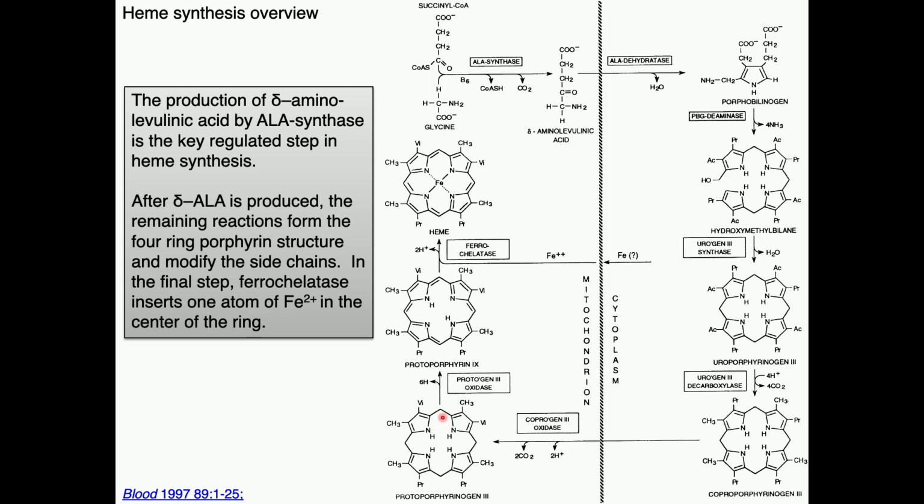Then in the penultimate step, we get the oxidation of these bridges that are linking the pyrrole rings, and then finally we get the addition of ferrous iron by ferrochelatase to make the ultimate heme structure.